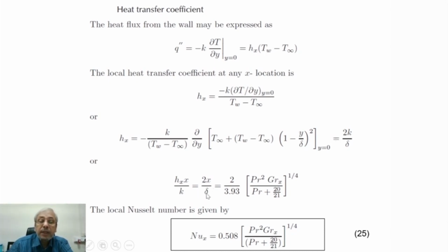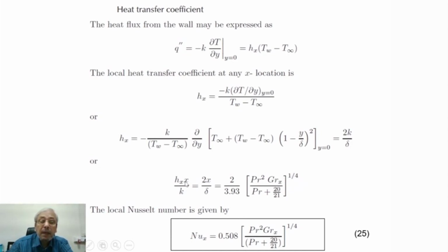Now we know the expression for delta by x, so for twice x by delta we substitute the expression for delta by x, and we get 2 by 3.93 (Prandtl number squared, Grashof number, Prandtl number plus 20 by 21) to the power 1 by 4.